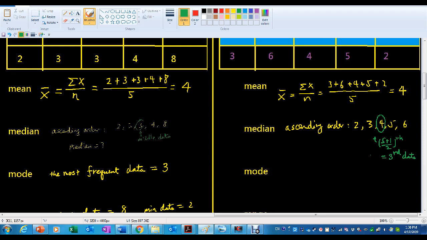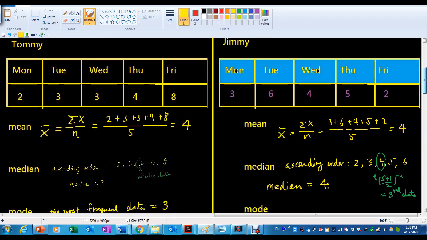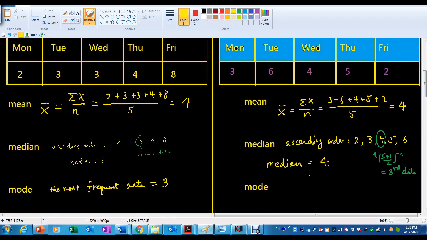It just means the median is at the third location in ascending order. So the median in this case is 4. So you see, when you compare the data of Tommy's and Jimmy's, Jimmy's median is the same as the mean, but for Tommy, the median is less than the mean. So the two sets of data have different nature, right?